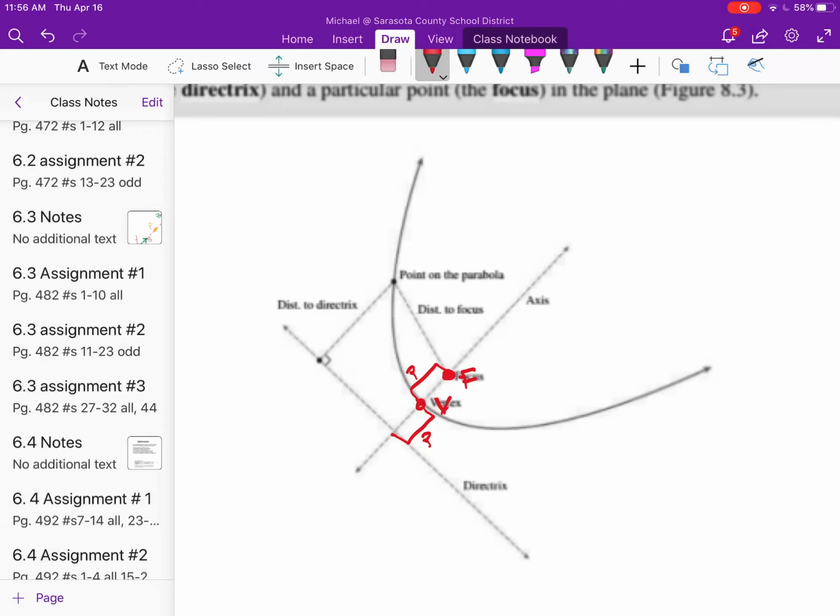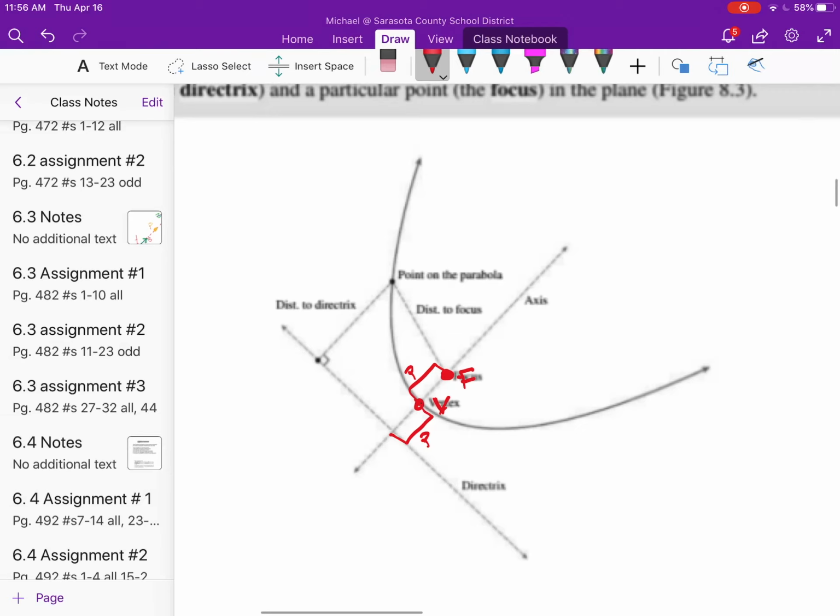As we continue to go on, what we're going to start to realize is that from F, it's a certain distance away to the vertex, but what about a certain distance away from the parabolic points in general?